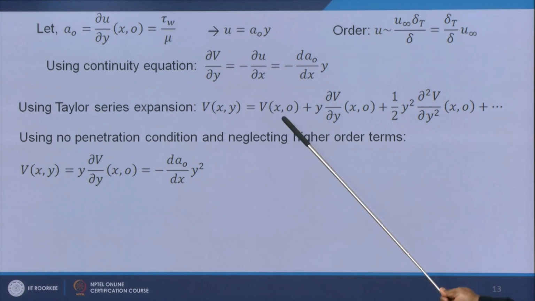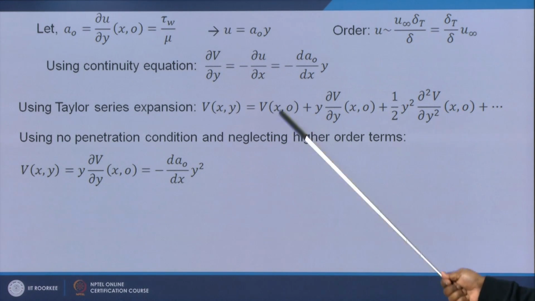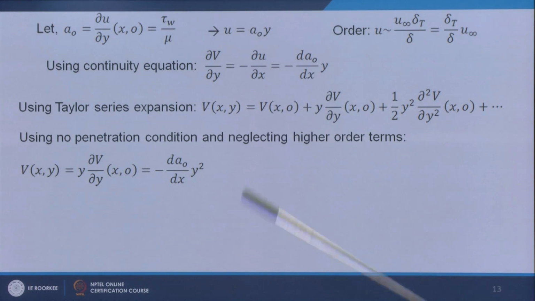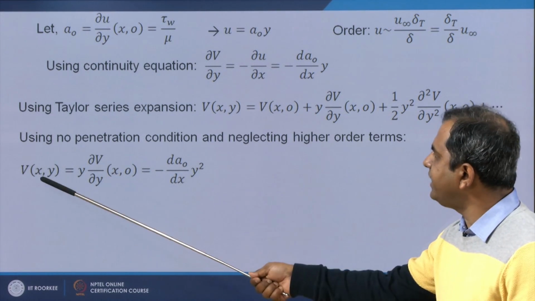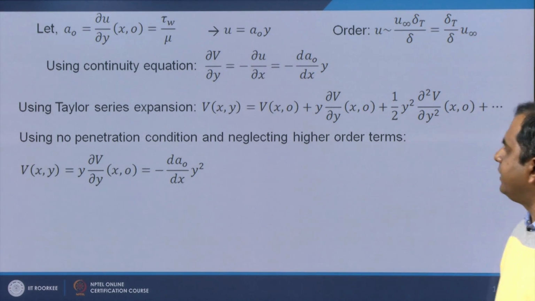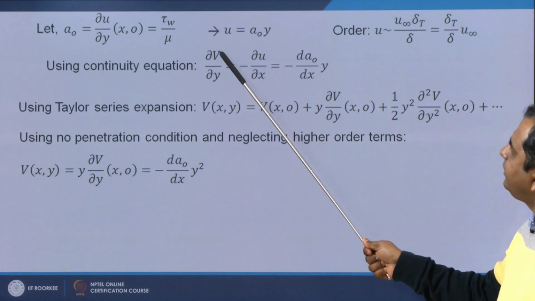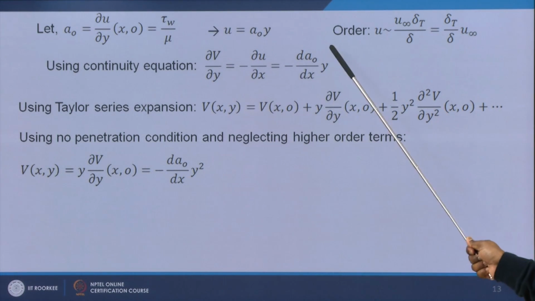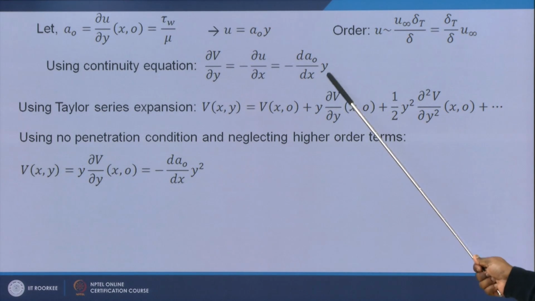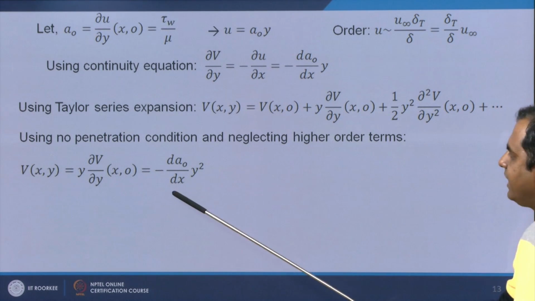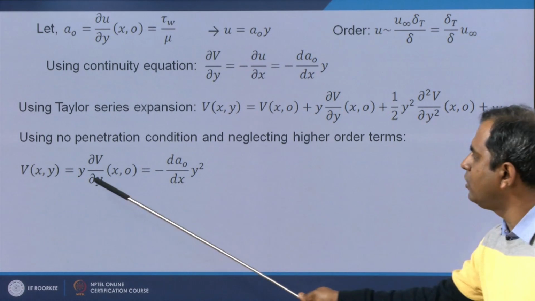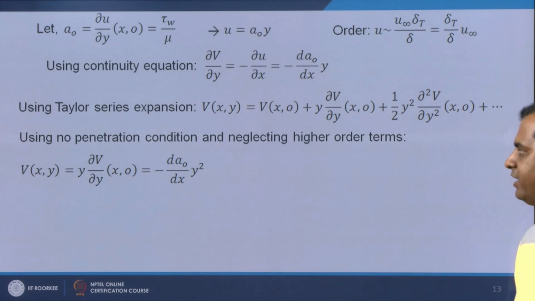If it is porous, then other cases will happen, but as it is no penetration, this term will go to 0. So we find V is becoming Y into ∂V/∂Y. If we neglect the higher order terms, and already we have shown ∂V/∂Y is nothing but minus of d/dx of A naught into Y, so we can write minus of d/dx of A naught into Y square, right?